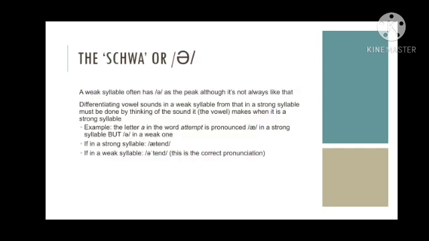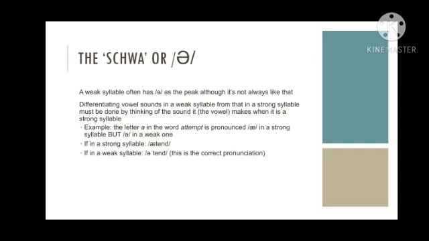So the next is the schwa. A weak syllable often has schwa as the peak, although it's not always like that. Differentiating vowel sounds in a weak syllable from that in a strong syllable must be done by thinking of the sound the vowel makes when it is a strong syllable.